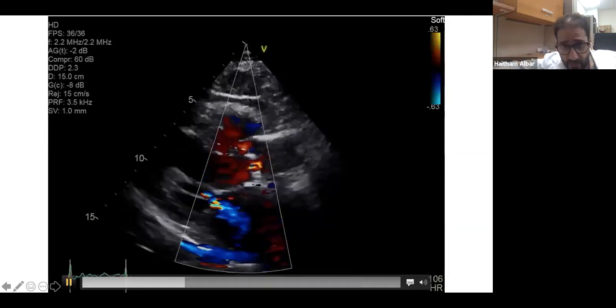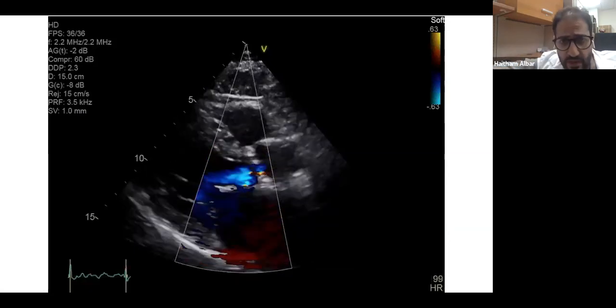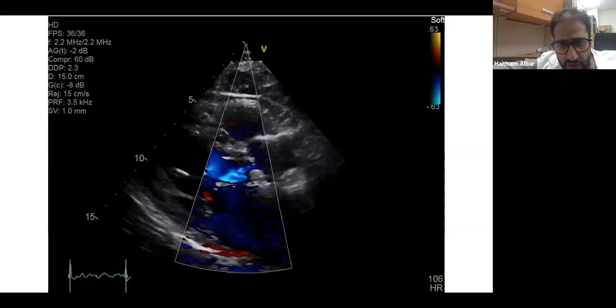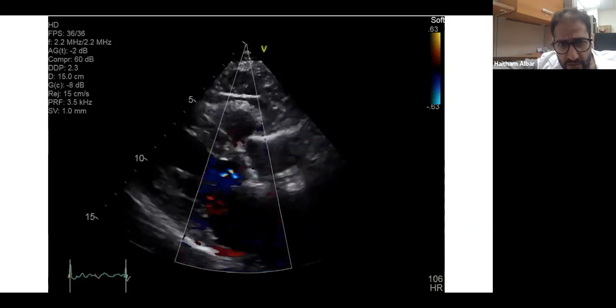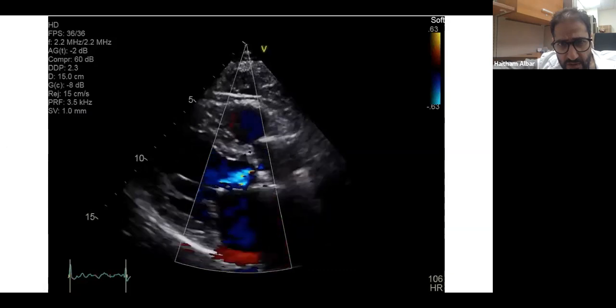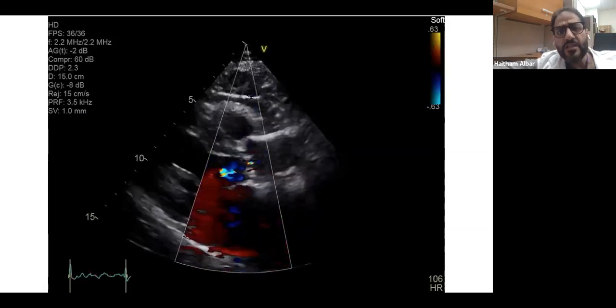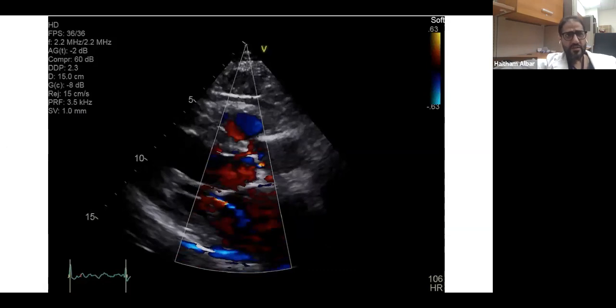Okay, same view. It's showing now a mosaic color flow, which indicates, from this view, seems like severe aortic stenosis.